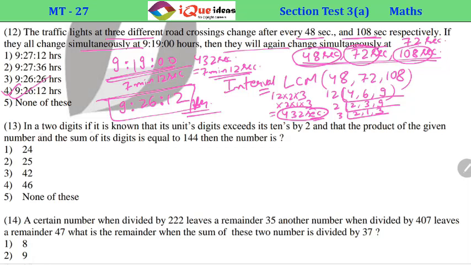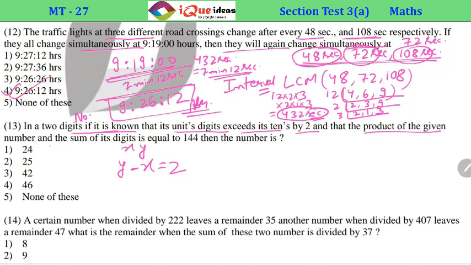In a 2-digit number, it is known that the unit digit exceeds its tens digit. See here it is given that the unit digit is higher. So let's say if the number is xy, the unit digit is y, and y minus x is equal to 2. And the product of the given number and the sum of its digits is equal to 144.